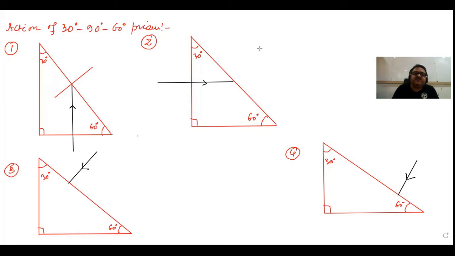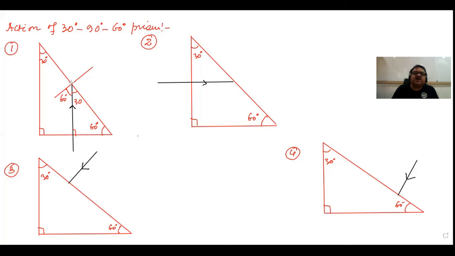So if it is normal, it is 90, it is 60, it is then 30. This will be obviously 60. Clear? So angle of incidence is more than critical angle, correct? So what will happen? The light ray will show total internal reflection, correct?